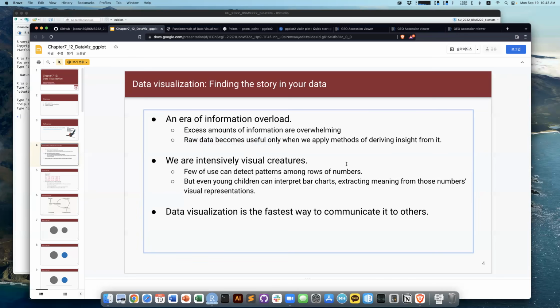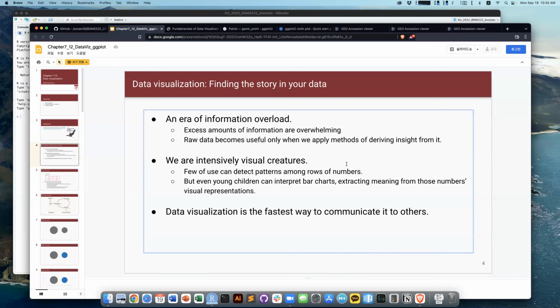And another reason is that humans are very visualization driven creators, right? So we are visual creators. So when you deliver your information to others, your friends, your peers, your family, your business partners, delivering lots of text is not a useful strategy, because people easily get patterns from the graphs or the plots or something you show to people, right?